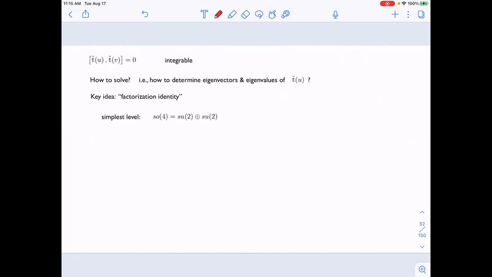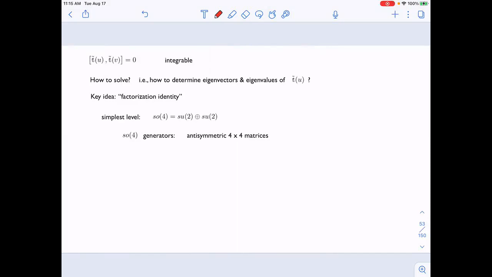At the most fundamental level, this factorization identity just boils down to the fact that the SO(4) Lie algebra is just two copies of the SU(2) Lie algebra. This is probably very familiar, but in case you forgot how that works, let me briefly remind you.